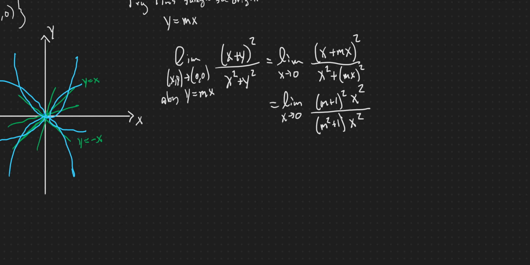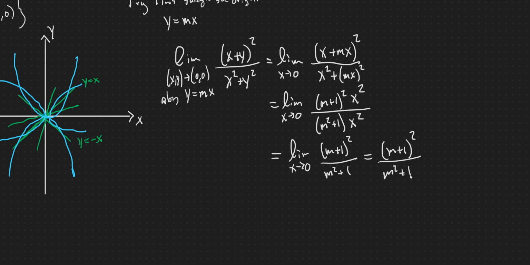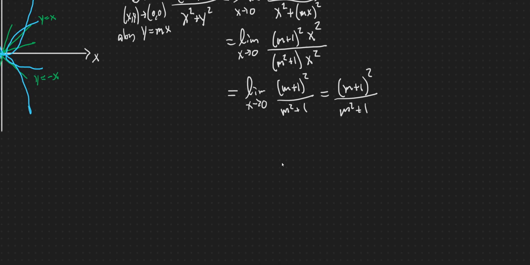I can cancel the x squareds off, and now I'll just have the limit as x goes to 0 of (m plus 1) squared over m squared plus 1. As x goes to 0, this is just a constant, so this is (m plus 1) squared over m squared plus 1. And now we can just plug in different values of m to approach along these different lines.